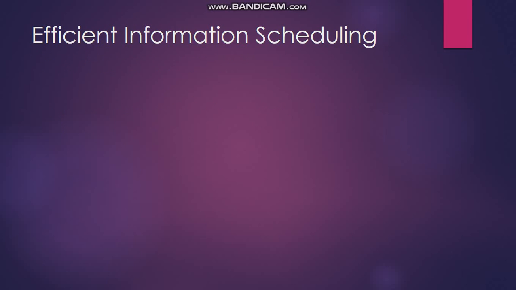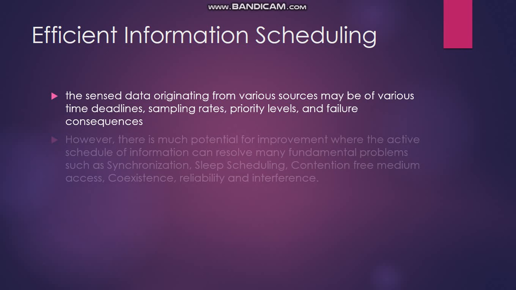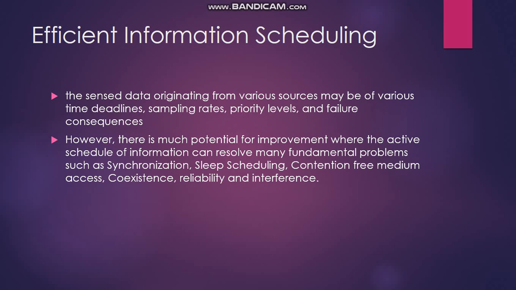Efficient information scheduling is also very important while designing the IWSN. The information scheduling plays a significant role in heterogeneous industrial networks. In a system with different processes integrated, the sensed data originating from various sources may have various time deadlines, sampling rates, priority levels, and failure consequences.